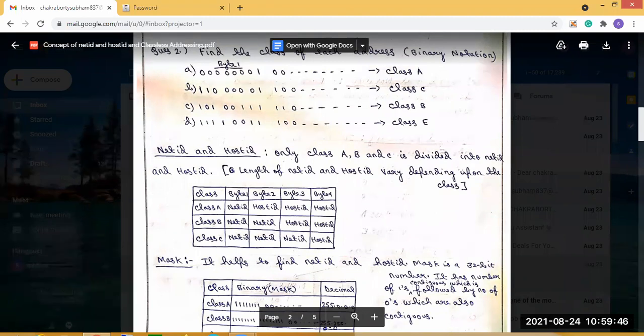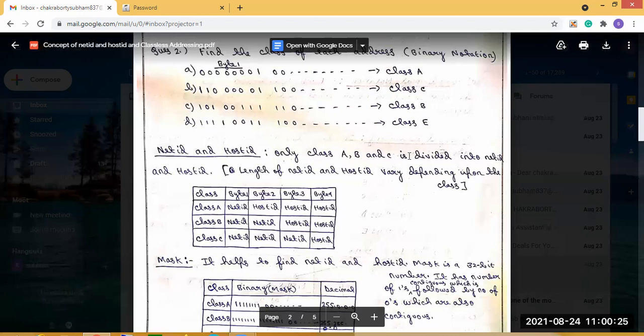Now we have 5 classes present: class A, class B, class C, class D, class E. But among these 5 classes, only 3 classes we divide into net ID and host ID: A, B, and C. Class D and class E, we do not divide into host ID and net ID.